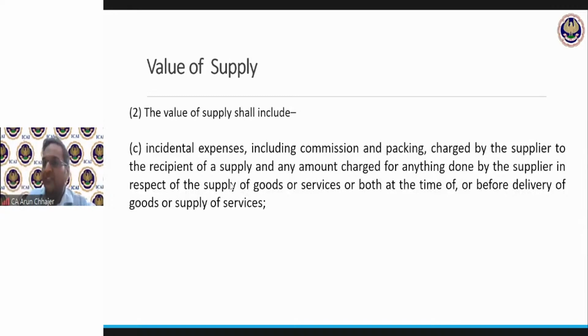Prima facie, your answer is no. Why no? You will say, sir, petrol is not leviable to GST. You might say that petrol is not leviable to GST and therefore petrol will not be added in the value. Please note clause B, which talks about any expenditure which is the responsibility of the supplier, incurred by the recipient, and important point, that has been reduced from the value.